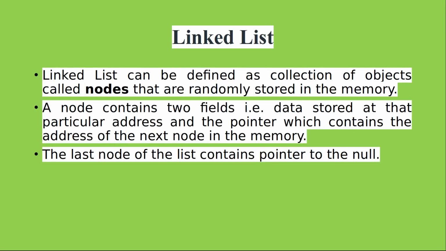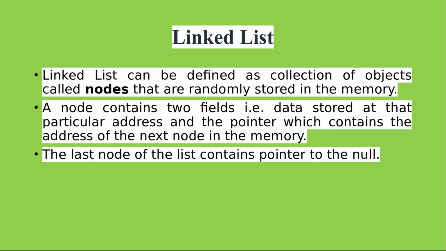So linked list is a collection of nodes, a collection of objects. Collection of objects means called nodes, randomly stored, in the form of random order. It consists of two parts. One is a data part, the other one is a pointer.